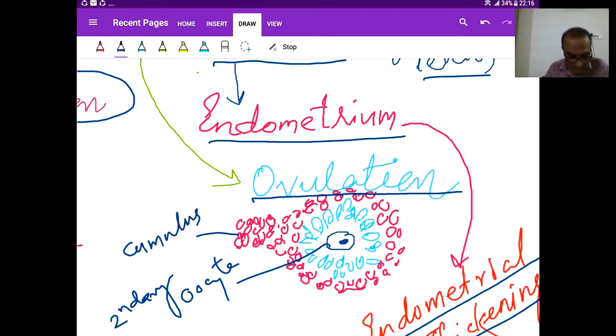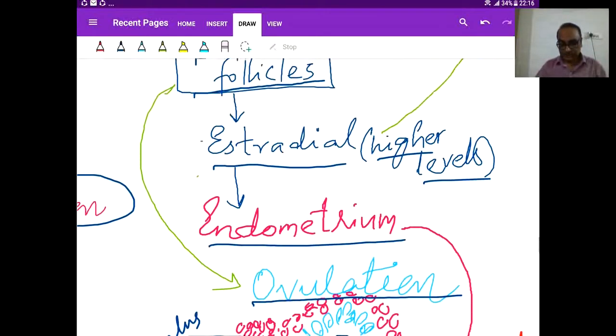Cumulus oophorus, as we see here. So this is how ovulation takes place on the 14th day. With this the follicular phase will be ending, and ovulation has taken place. The ovulatory phase also is over now. So ovulation is brought about under the LH surge.